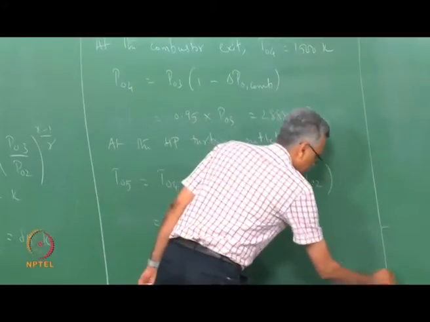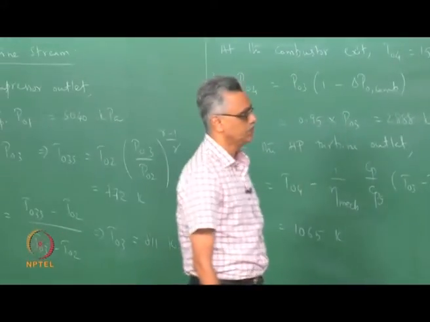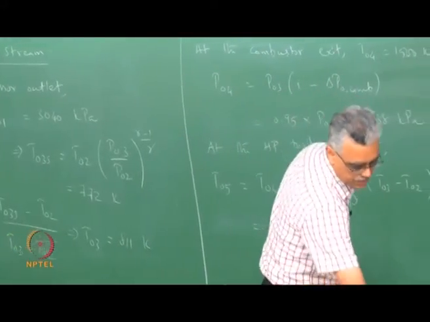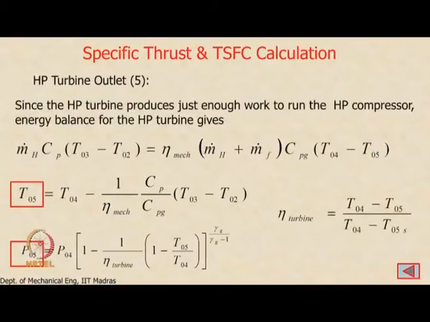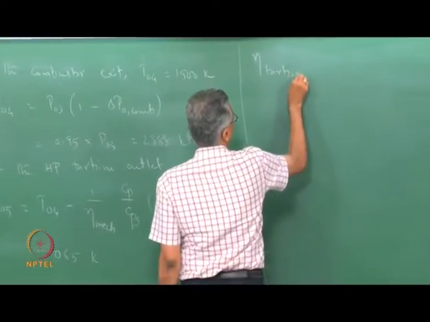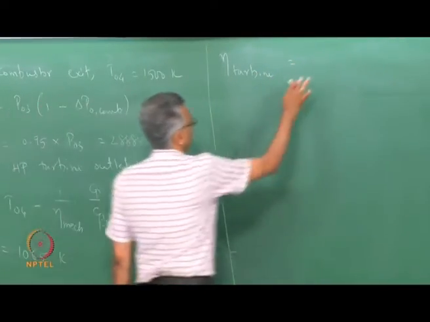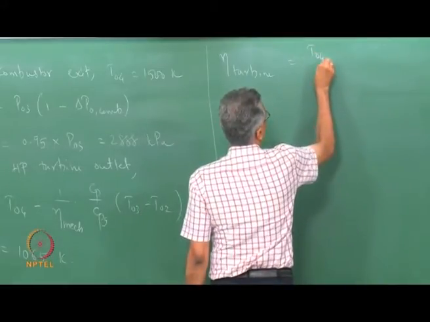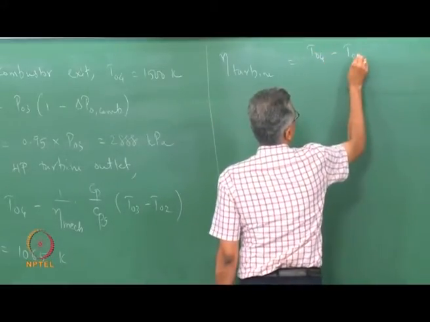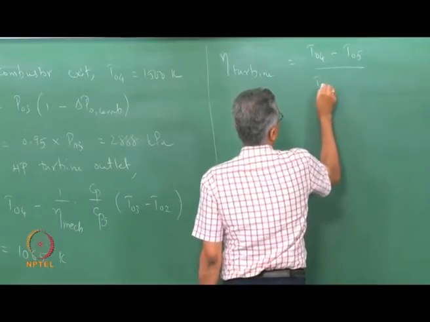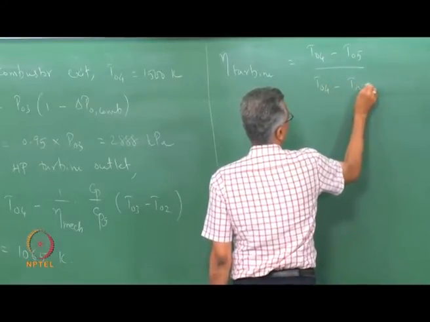So, once I have T05, I can use the definition of the efficiency of the turbine, right. The efficiency of the turbine is defined like this: eta turbine is equal to T04 minus T05 divided by T04 minus T05s.